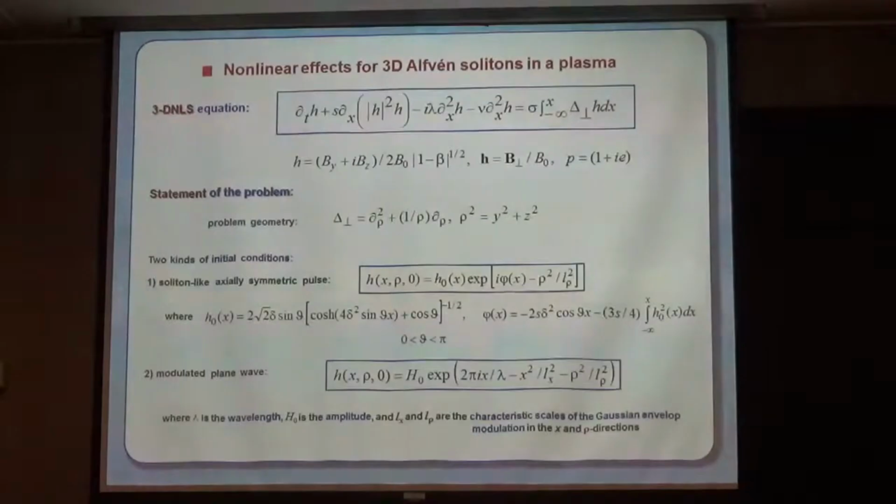The next example is nonlinear effects for three-dimensional Alfvén solitons in a plasma. We solved this problem in axially symmetric geometry with two kinds of initial conditions. First, a soliton-like axially symmetric pulse, and second, a modulated plane wave.